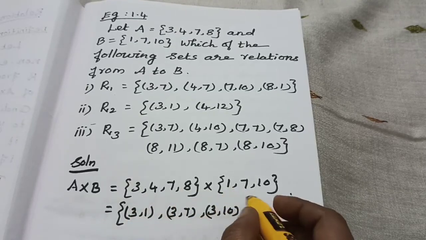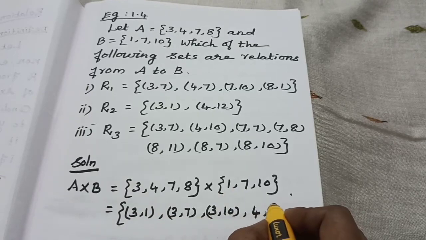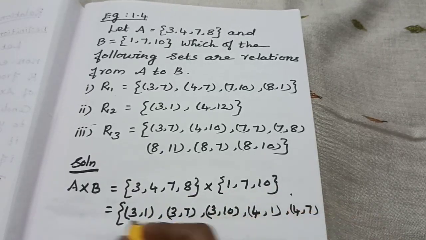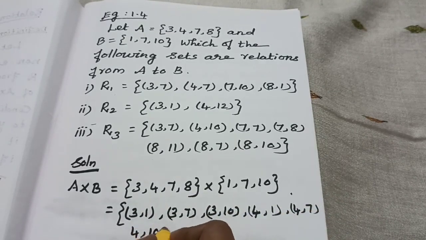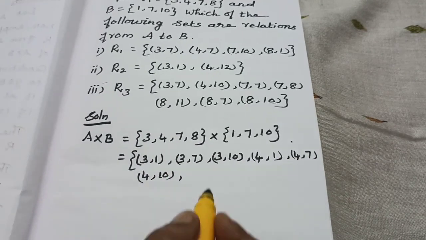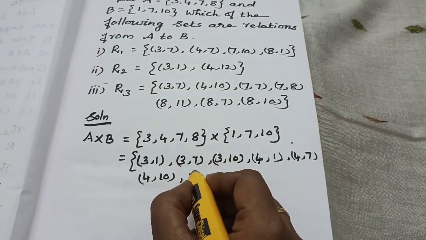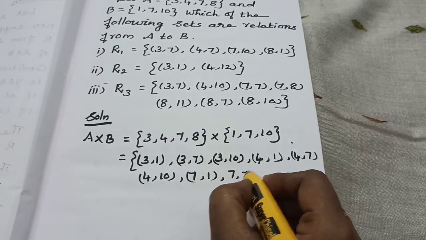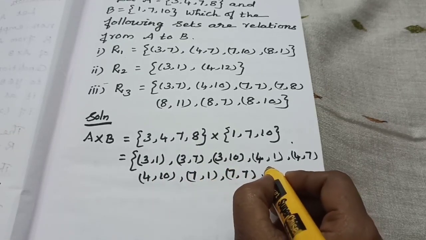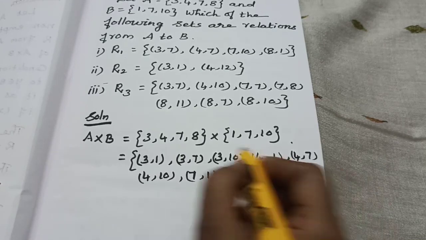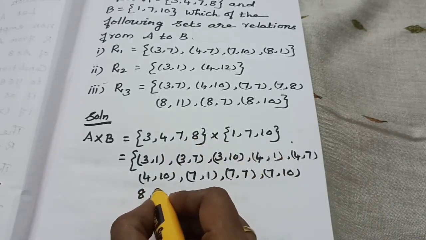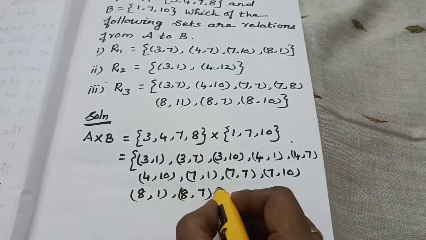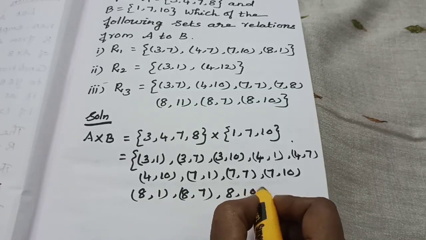Then the relation we have to write: (4, 1), (4, 7), (4, 10). Then 7 we have to take: (7, 1), (7, 7), (7, 10), and afterwards 8: (8, 1), (8, 7), (8, 10) are the elements.